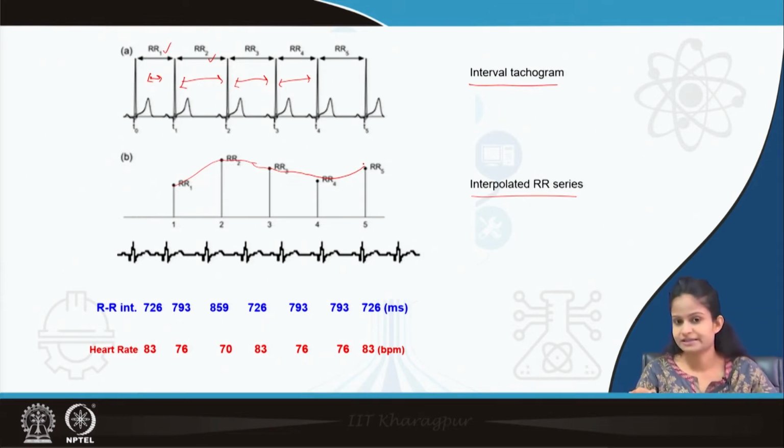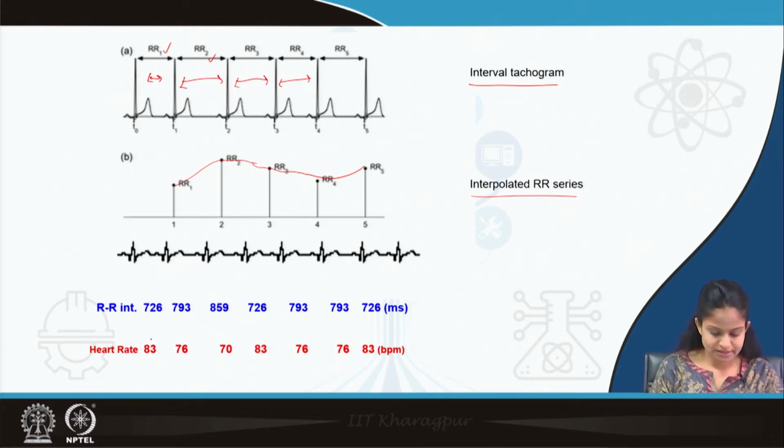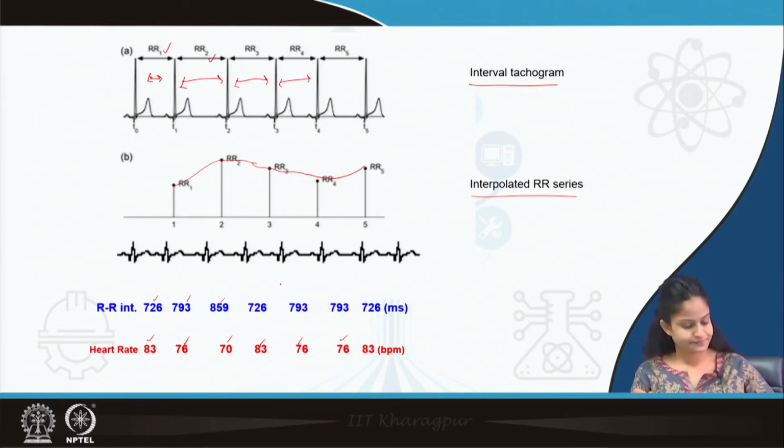Had there been no variation, or had the heart rate variability been constant or monotonous, it would be pathological, which means either the sympathetic or the parasympathetic domain is predominant in that person. You can see the heart rate is 83, 76, 70, 83, 76, 78. There are variations in the heart rate, and so the RR interval is also varying.